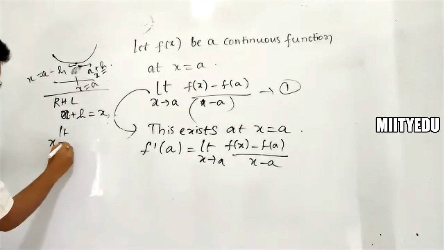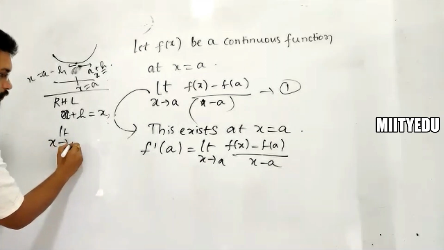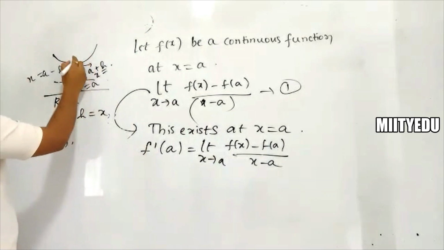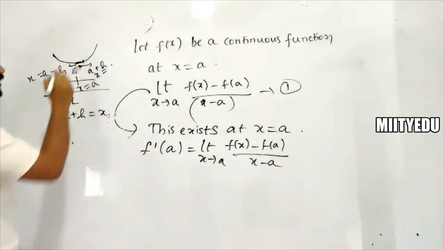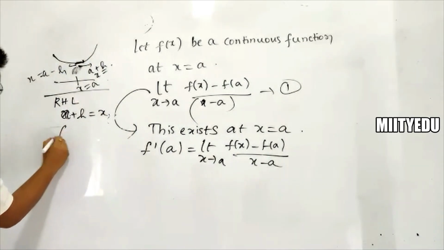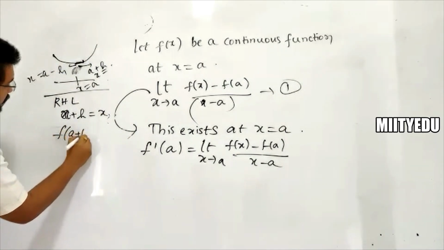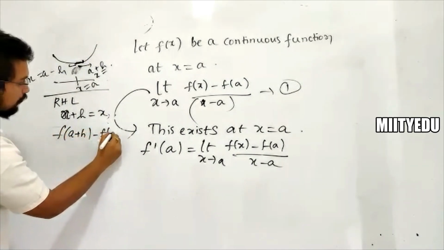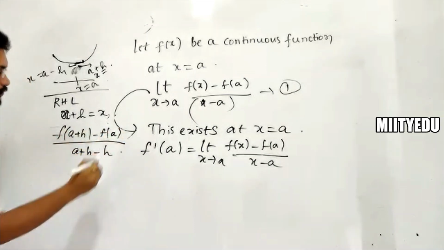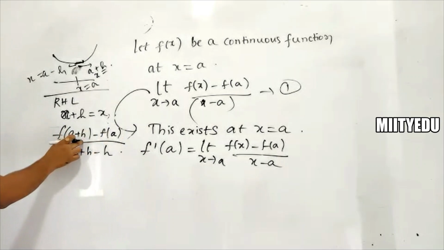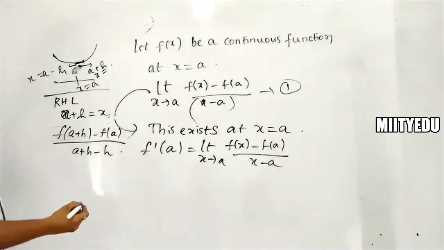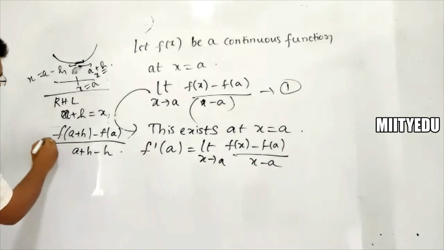So if I write limit x tends to a, in place of x, if I'm just moving after this part, what you'll be getting is f of a plus h minus f of a by a plus h minus h. This is f of a plus h minus f of a divided by h.